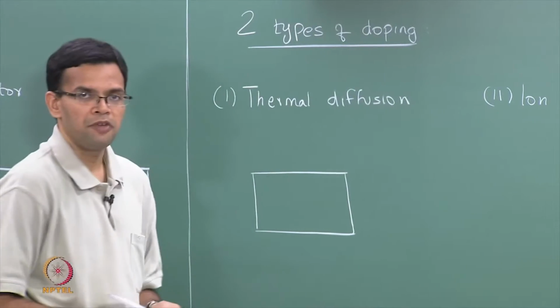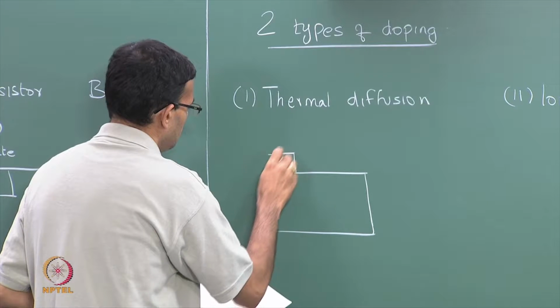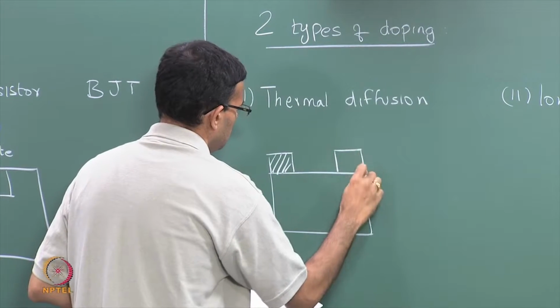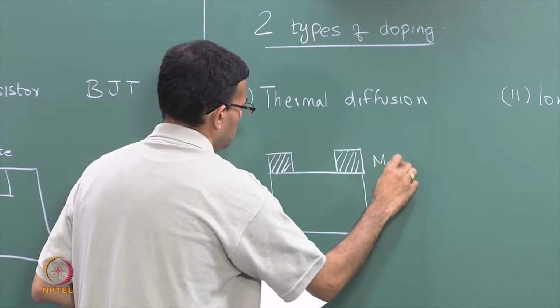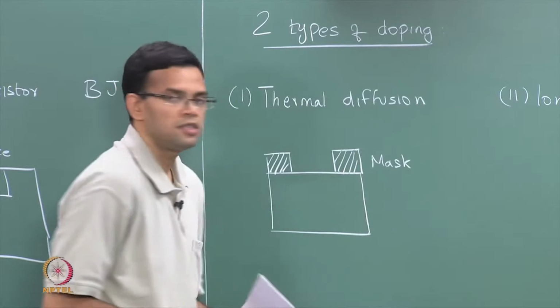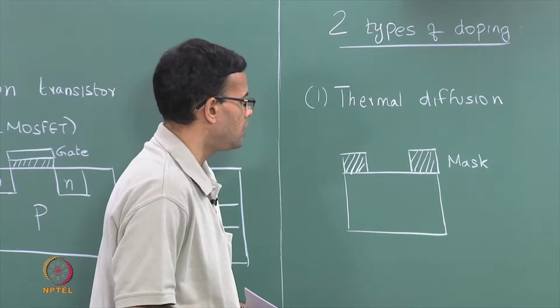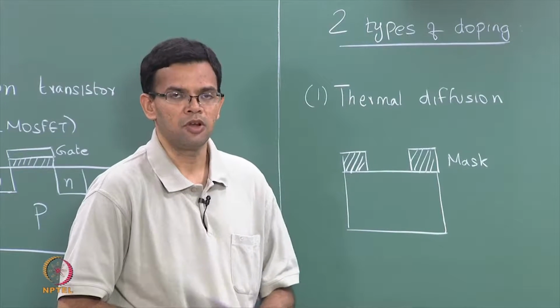We have your wafer, and usually there is some sort of mask. The mask is used if you want to dope certain portions of your sample. In the case of thermal diffusion, it is usually a high temperature process.